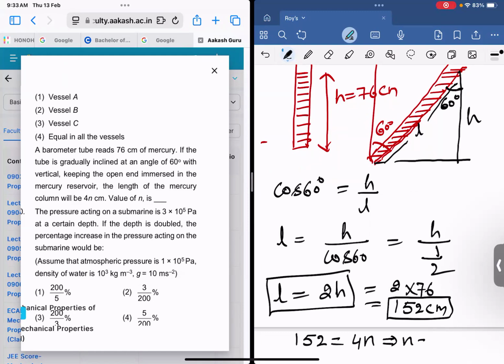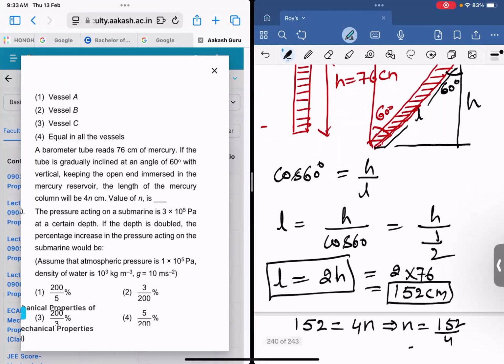So I can find n equals to 152 by 4, and it should be 38. I think 38 is the correct answer. That is the value of n.